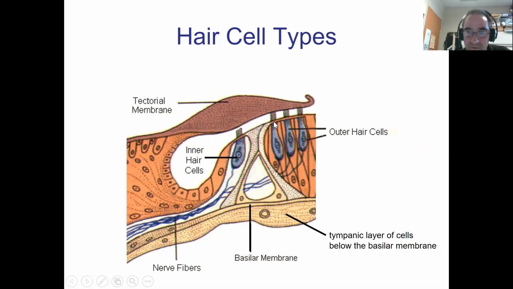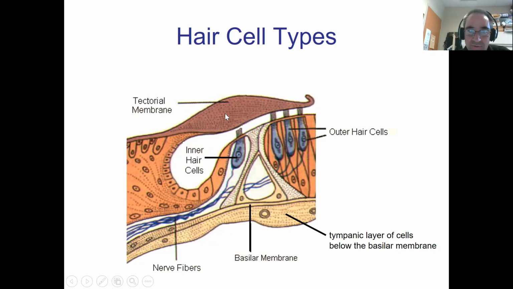So there are cells whose bodies are embedded in the organ of Corti, and they have these little bristles that stick out at the top called stereocilia, and those are really important for converting the mechanical motion of the basilar membrane. So in response to sound, this is actually going to vibrate up and down. And the motion here is a bit complicated, but we'll take a look at that in a sec.